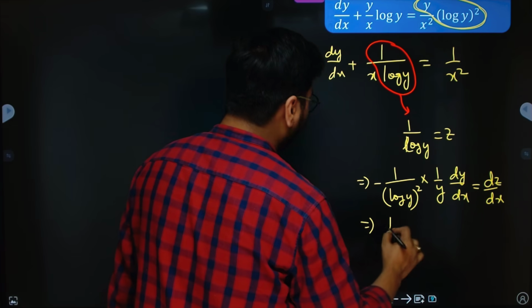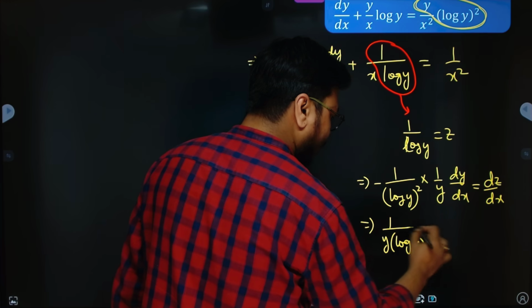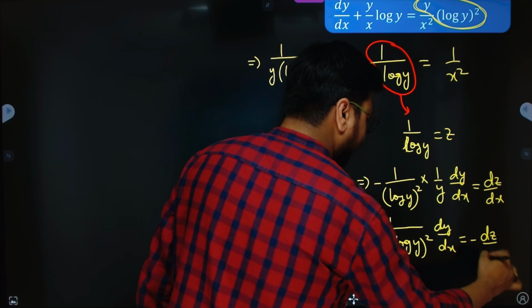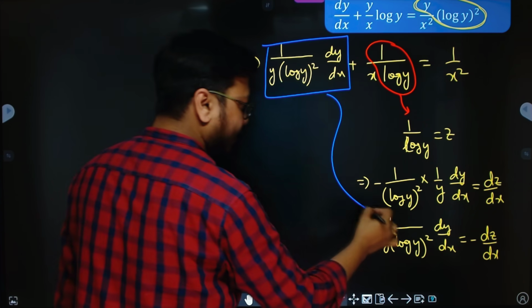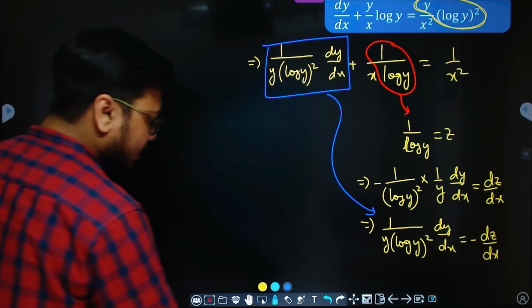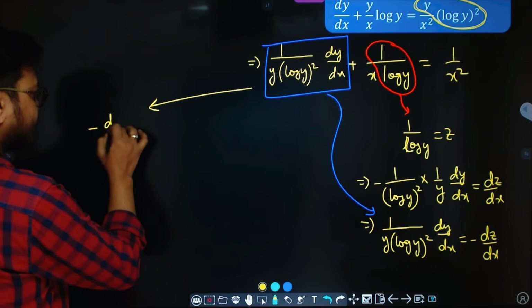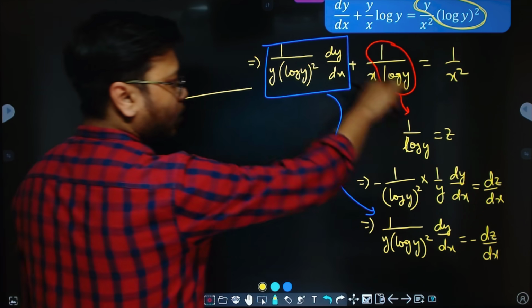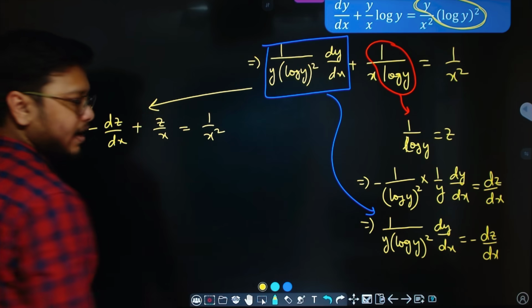That means 1 by y (log y) whole square dy/dx is equal to minus dz/dx. So I have created the first term right over here. If I substitute it, I get minus dz/dx plus 1 by log y, which is z, so z by x, equals 1 by x square.